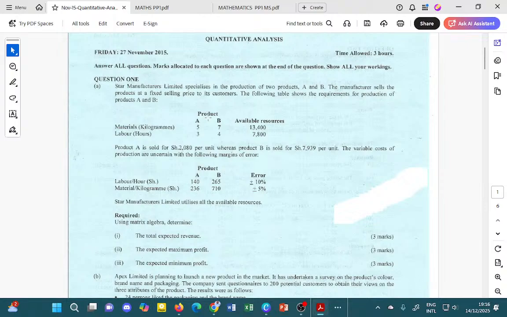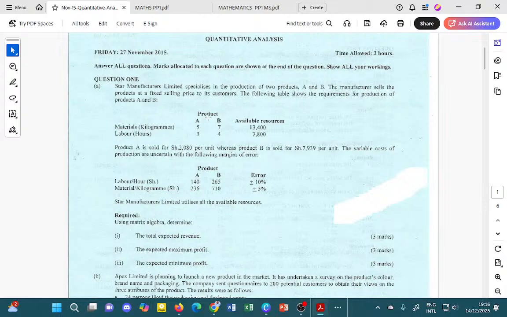Now this kind of question is also found in the unit called operations research, which is found mostly in BCom undergraduate and various other fields that deal with business. This is part of linear programming that was introduced in high school under what we call linear inequalities.